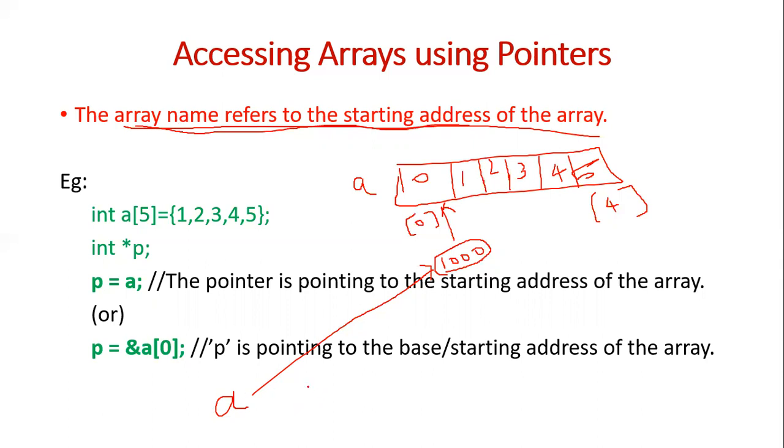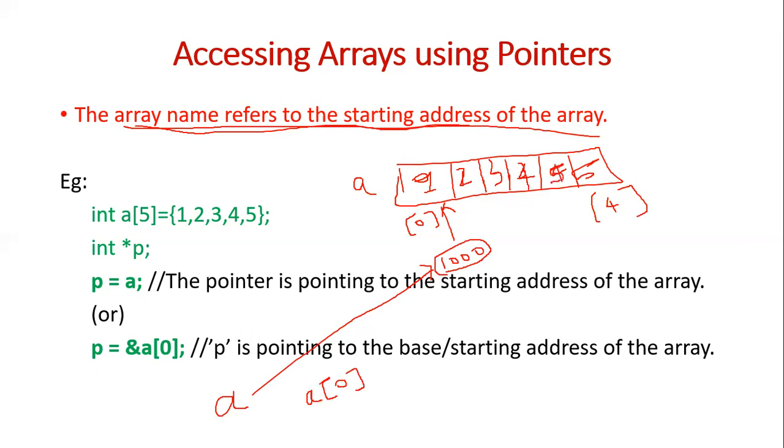Another way to access the starting address is this: the starting address is nothing but the address of the first element. So what is the first element? The first element is A of 0. When you say A of 0, it refers to the value, that is 1. Sorry, I wrote it wrongly earlier, it is 1, this is 2, this is 3, this is 4, and this is 5.